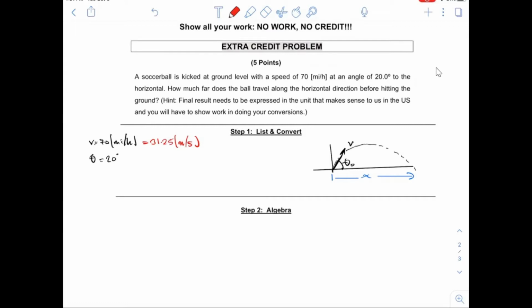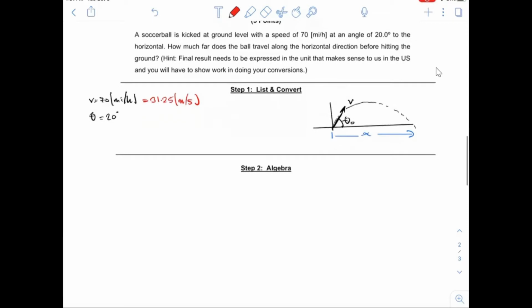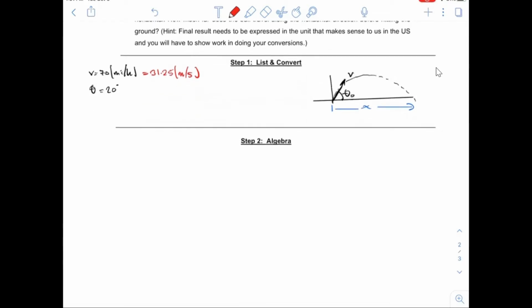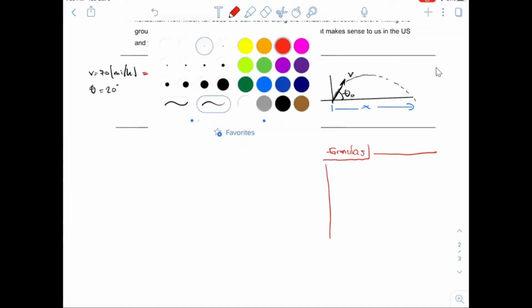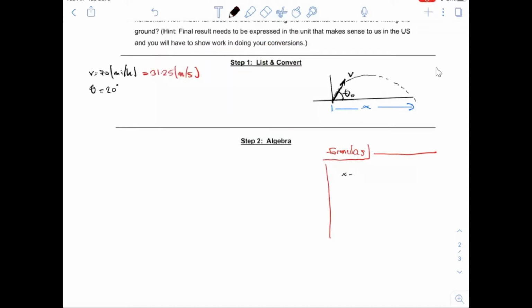This is full projectile motion. I'm going to put down the formulas on the side, and then we can pick and choose. Along the x direction, nothing's going to change.